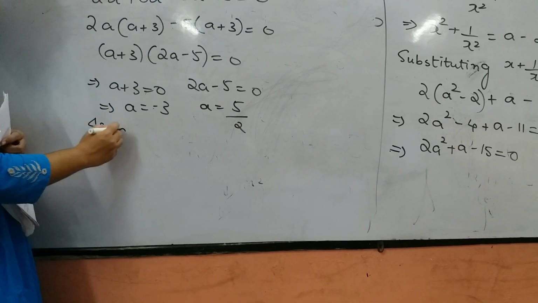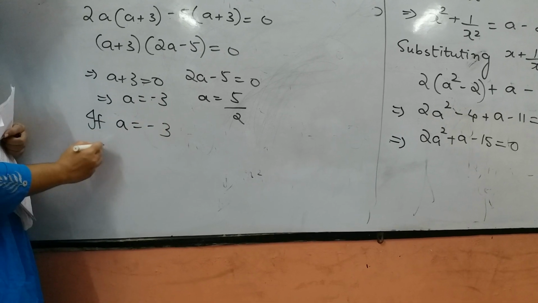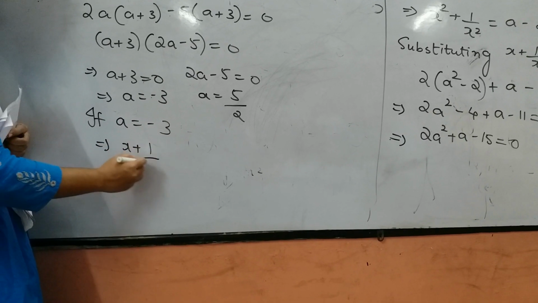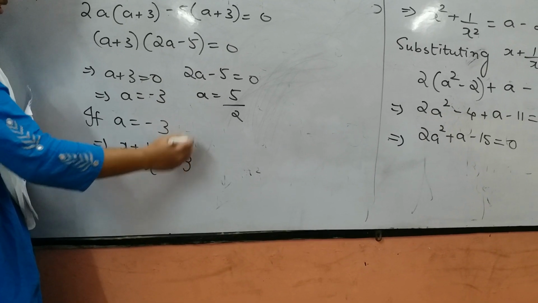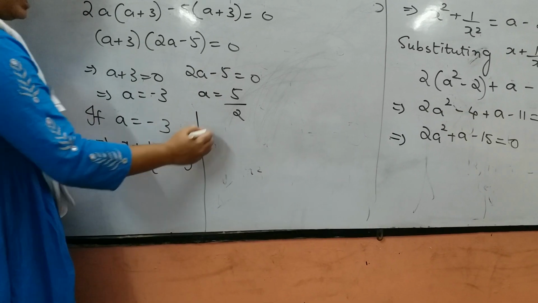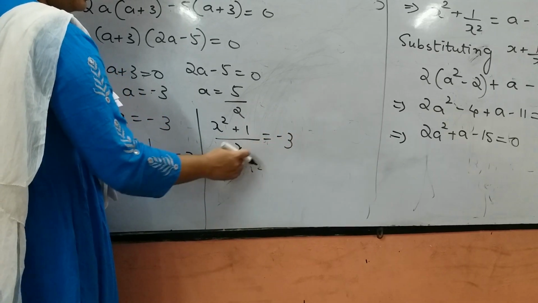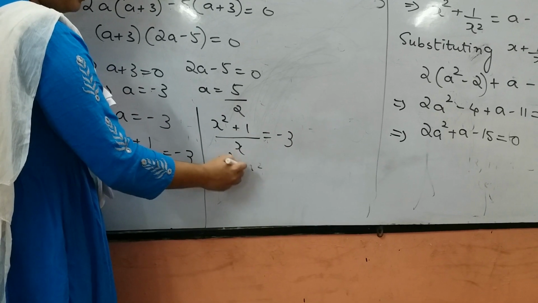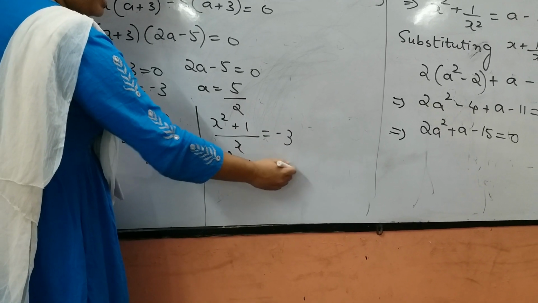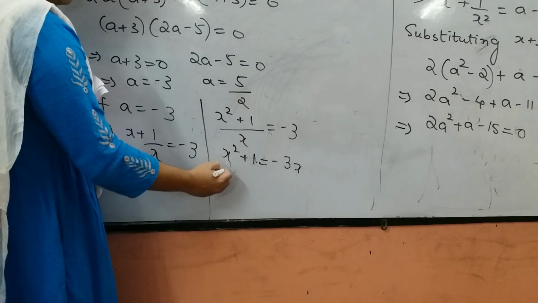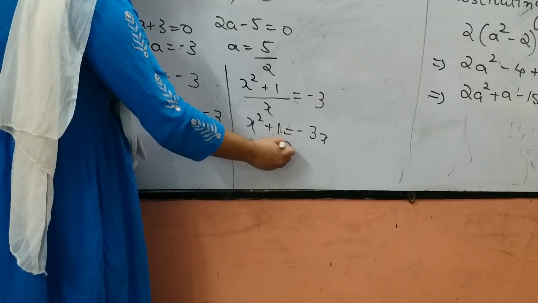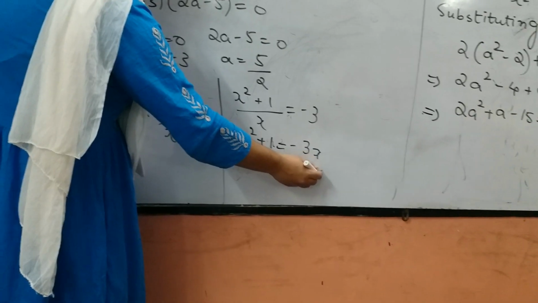If a is minus 3, this implies x plus 1 by x is equal to minus 3. So what do you get? X square plus 1 by x equal to minus 3. Take x up. X square plus 1 is equal to minus 3x. Bring this 3x here. X square plus 3x plus 1 is equal to 0.